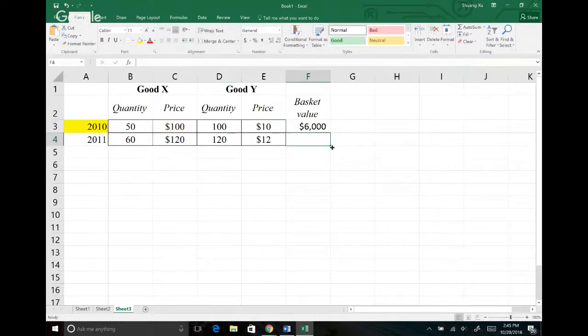And then for 2011, same deal, but we're going to use our 2010 quantity. So remember, for your real GDPs the price never changes. For basket value and CPI the quantity never changes. So this will be 50 times 120 plus 100 times 12.